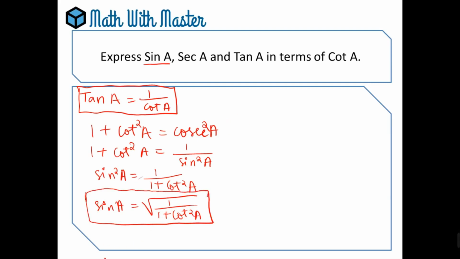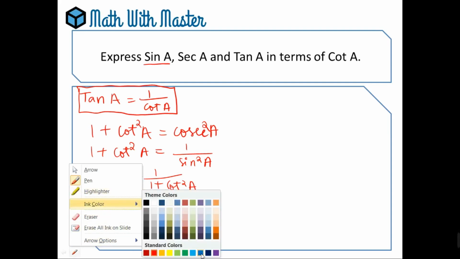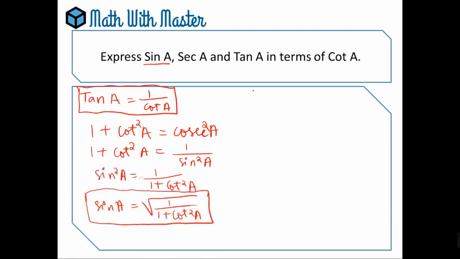And now we will find sec A. To find sec A, we should know this. We know that 1 plus tan square A is equal to sec square A. So we can say sec square A minus tan square A is equal to 1.